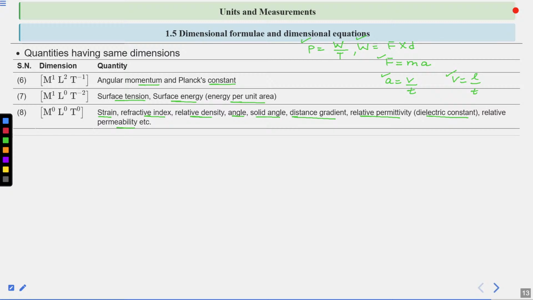The limit is 10 dimensional formulas. Clear?